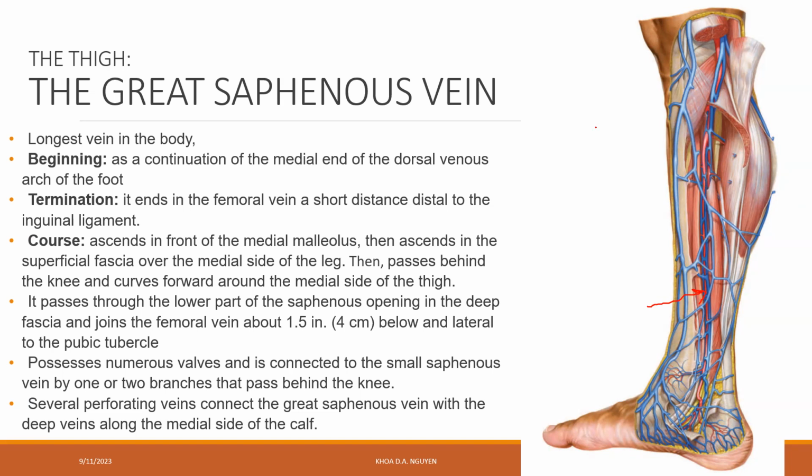And therefore, if you have a deep vein thrombosis, for example, it's going to be a huge lot of trouble because those thrombi are going to go all the way from the lower limb back to your right atrium, right ventricle, and then to your lungs. This is the major venous return of the lower limb, which is very important.